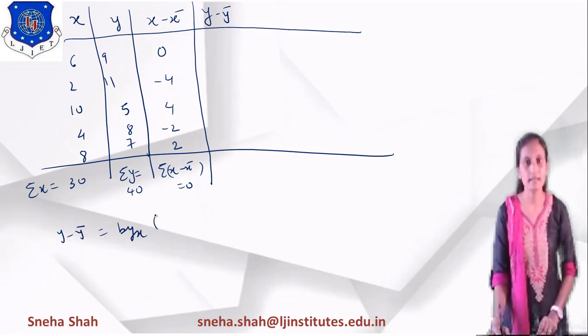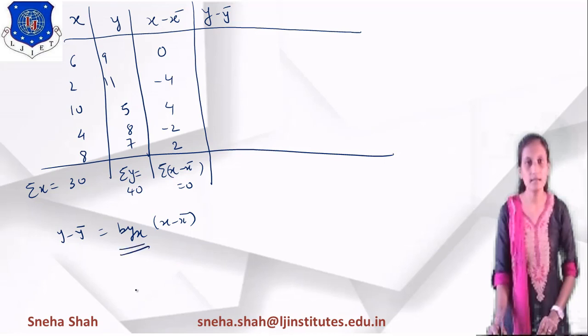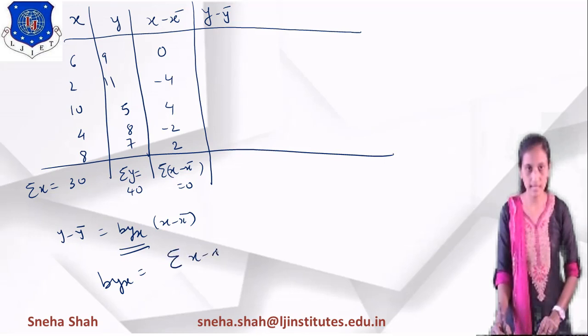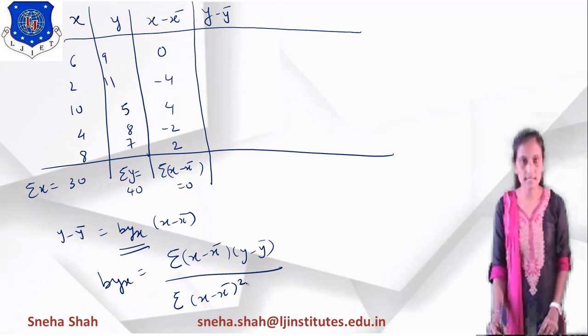So for that we also have to find the values of y minus y bar and x minus x bar, and to find out the value of b y x. What is the value of b y x? The value of b y x equals summation x minus x bar times y minus y bar, upon summation x minus x bar whole square. So by using this equation, we put these values in and find the value of b y x.